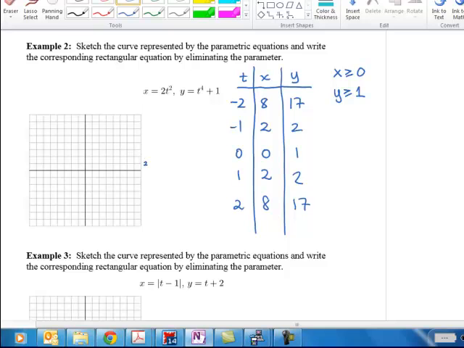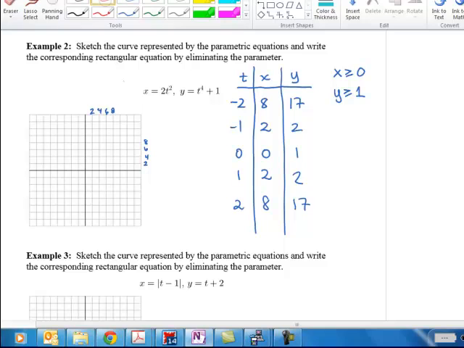Let's make this 2, 4, 6, 8, and so on, so that we have a scale that we can work with. All right, so 8, 17 is going to actually be a little off our graph.